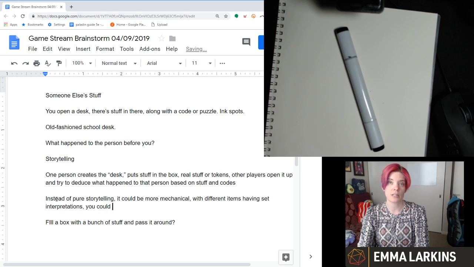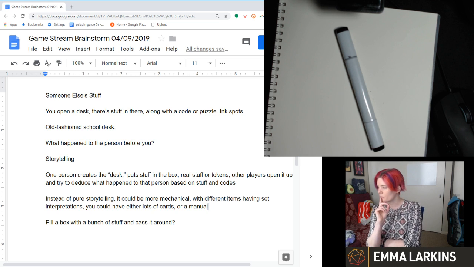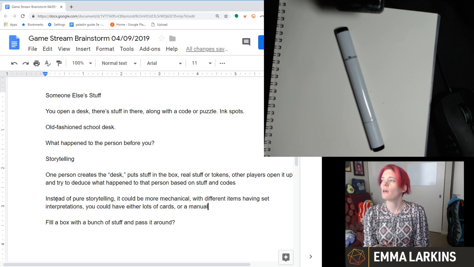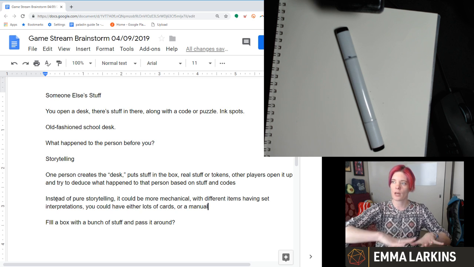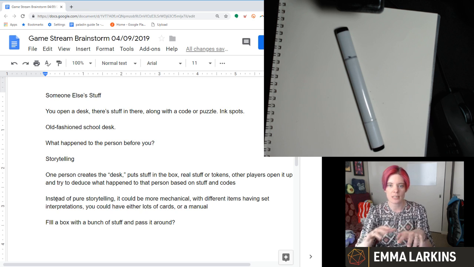Could have either lots of cards or a manual, or you had mentioned, I think it was Senior Watashi, having a foldable map thing. It would be cool to have it be either a crumpled piece of paper or a piece of cloth that looked like crumpled paper, like something a kid would create, with these different code words laid out onto it.